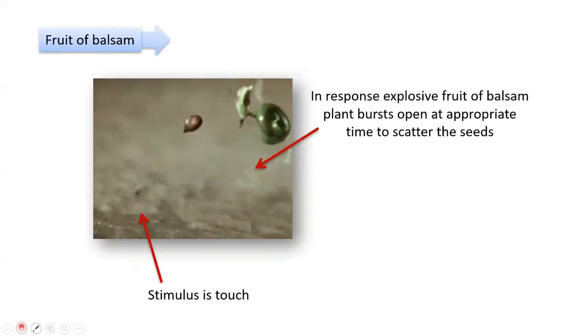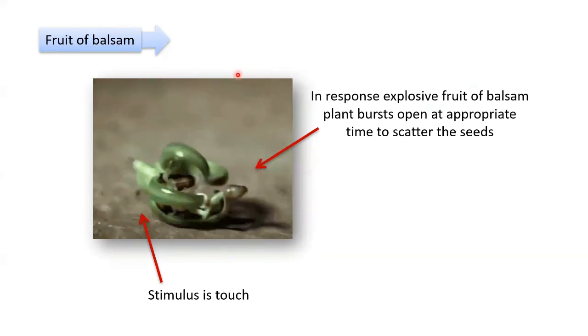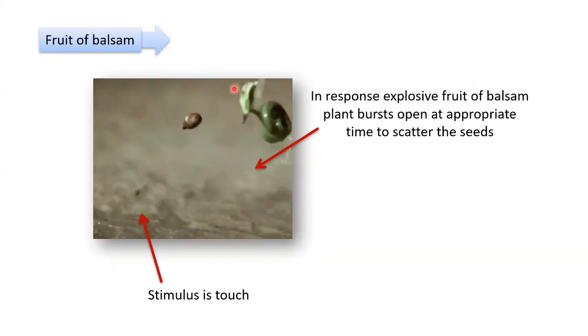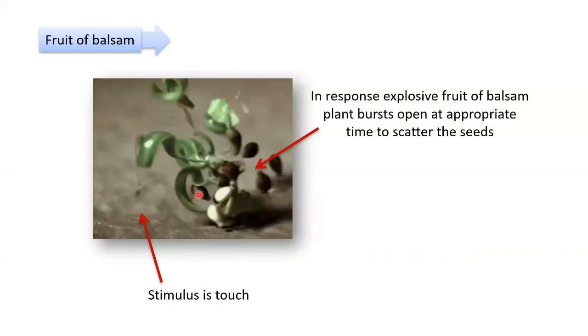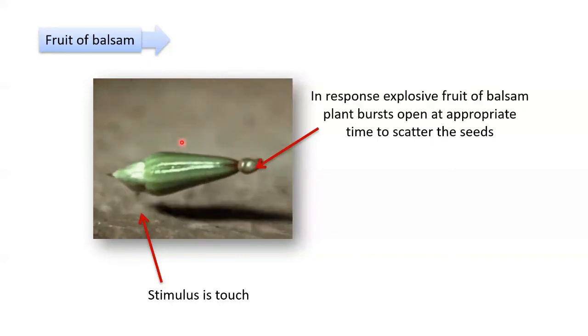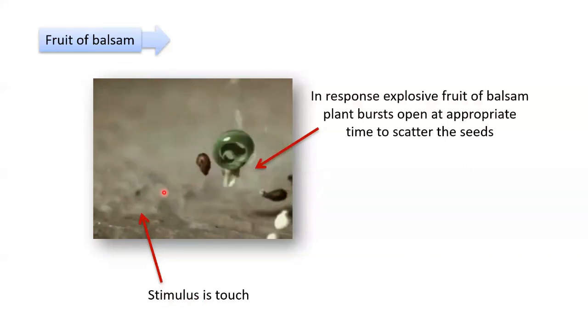Let's proceed further. So let's talk about fruit of balsam. I've already explained this to you also, right? So over here also, as soon as the balsam hits the ground by falling off a tree, it bursts open and disperses all of its seeds, right? So what is the stimulus over here? It is touched by a certain force, right?